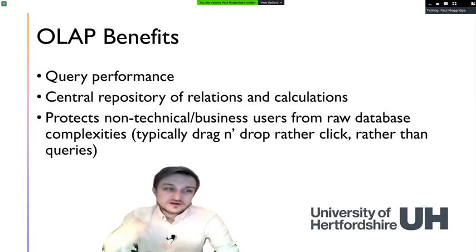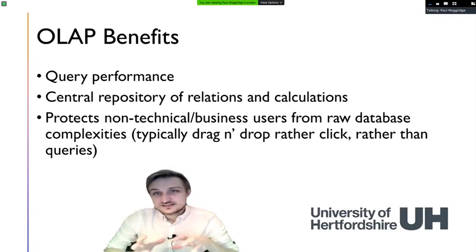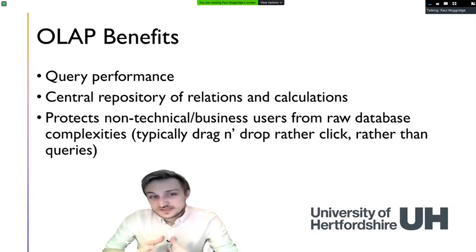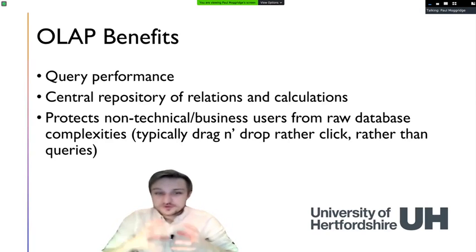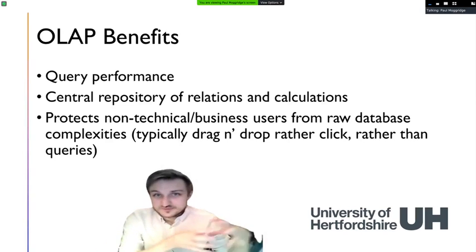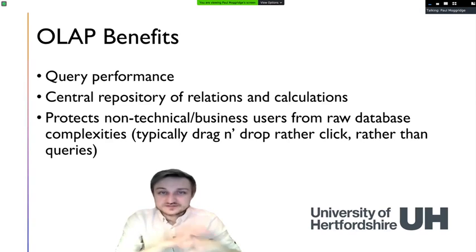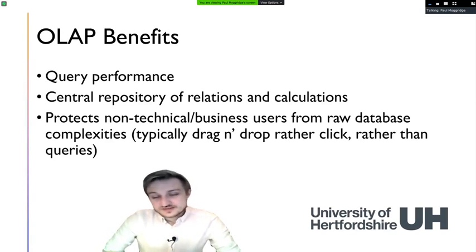And OLAP operations are optimized for analysis rather than making small transactions. Having a data warehouse and using OLAP gives you a central repository of all your data, unlike your operational database, which mainly has the most current data or the last year's data in. This can have all of the data in one big pot for big analysis.